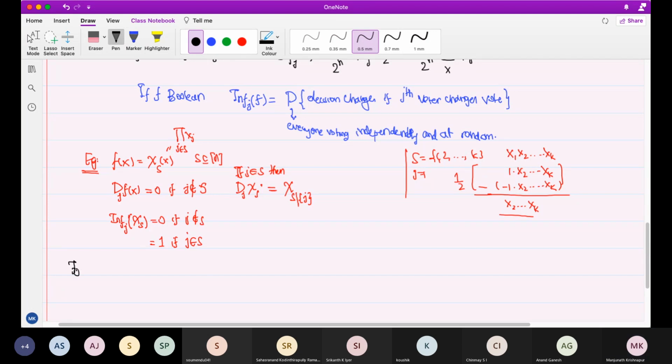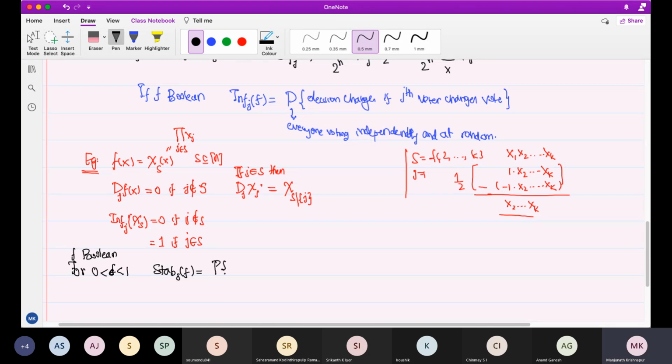So for delta in (0,1), one way, the stability function is defined as follows. Let's take a Boolean function, plus or minus 1.